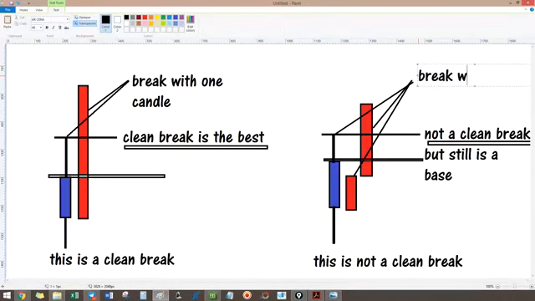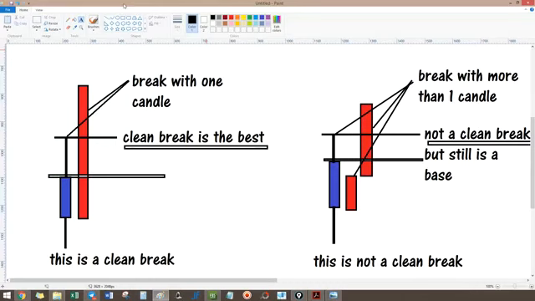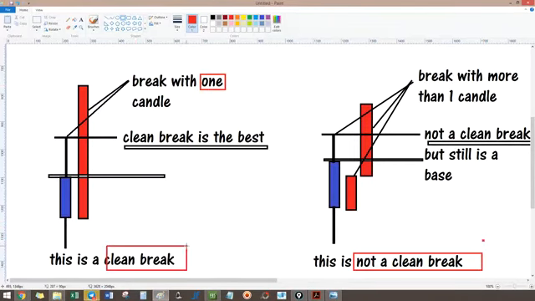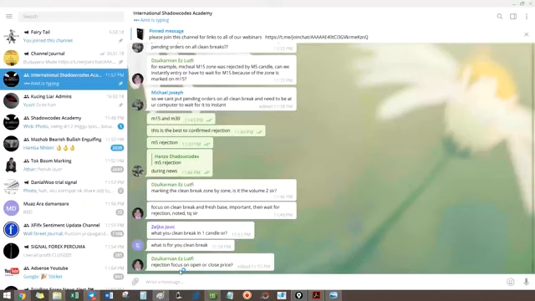Break with more than one candle is not a clean break. If it is break with one candle, it is a clean break. Understand? Am I answering the question?